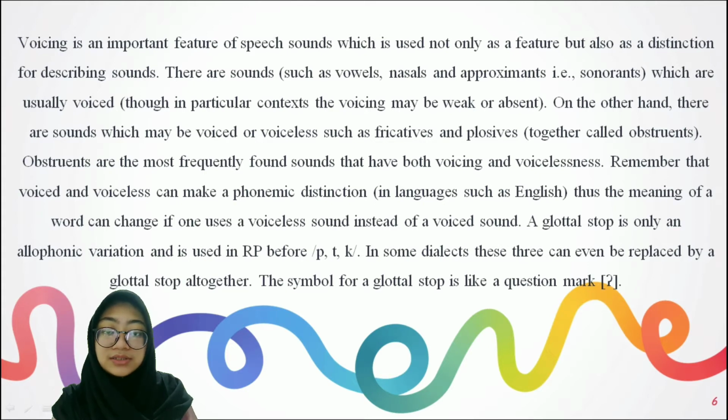A glottal stop is only an allophonic variation and is used in RP for B, P, T, K, and some dialects. The three can even be replaced by a glottal stop altogether. The symbol for a glottal stop is like a question mark.